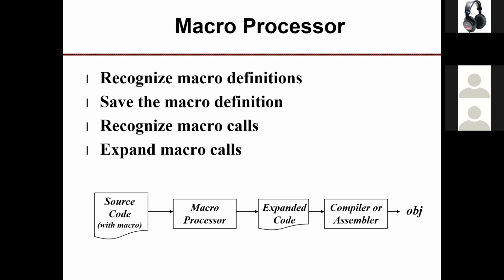And then the macro processor is going to need to save those macro definitions so that you can use them more than once, right? Building a macro just so you can use it once is helpful, but building it so you can use it multiple times is valuable, right? So we want to be able to define a macro and then save its definition so we can reuse it over and over again. And we'll see why that's important.